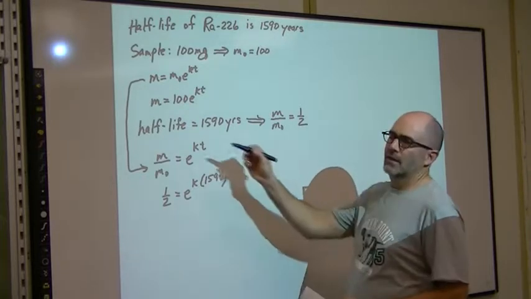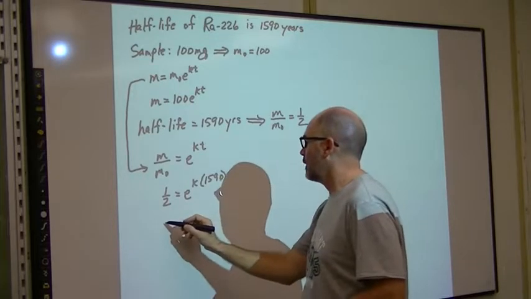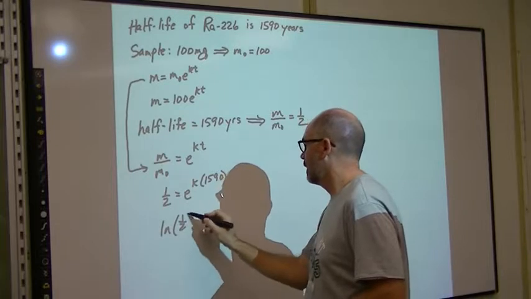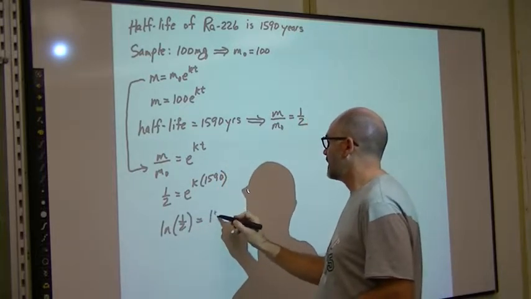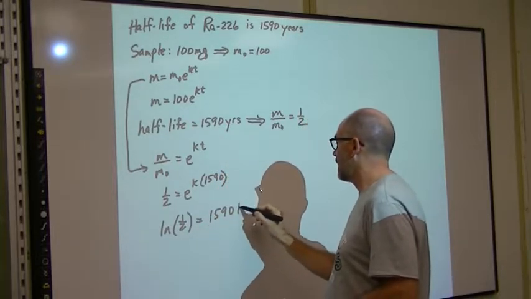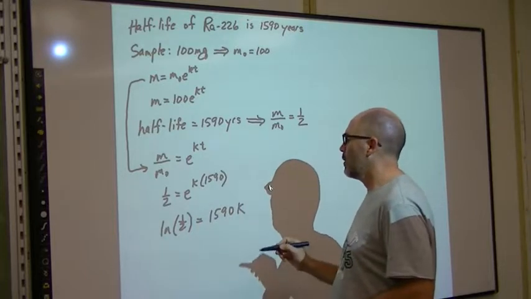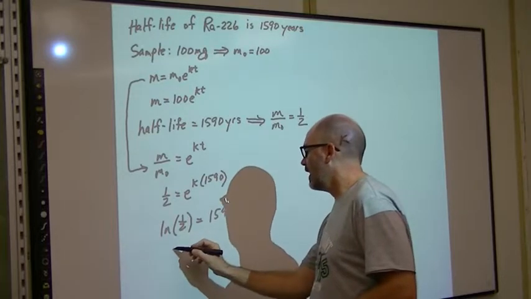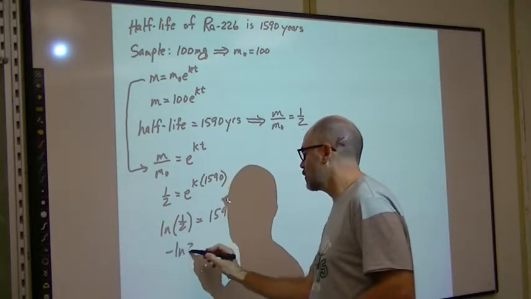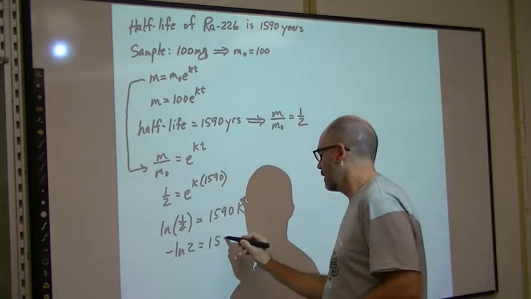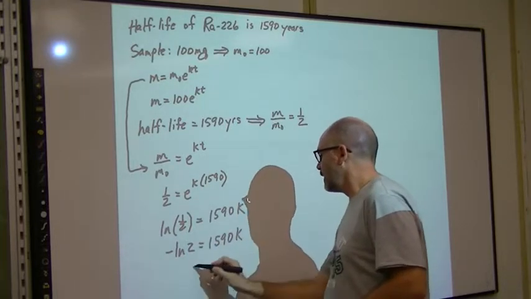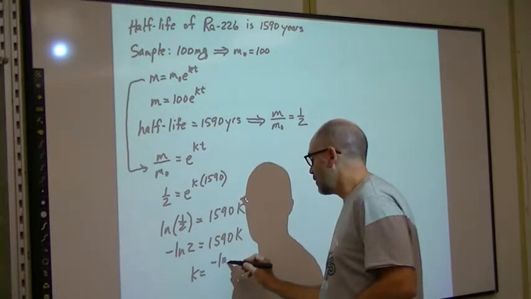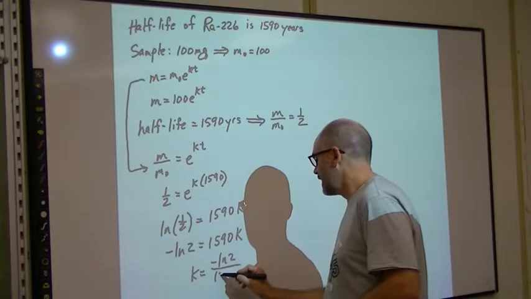How do we do that? Take the natural log of both sides. So natural log of 1/2 is going to equal 1590 times k. Now let's make this natural log of 1/2 negative natural log of 2. So that means k is going to equal negative natural log 2 over 1590.